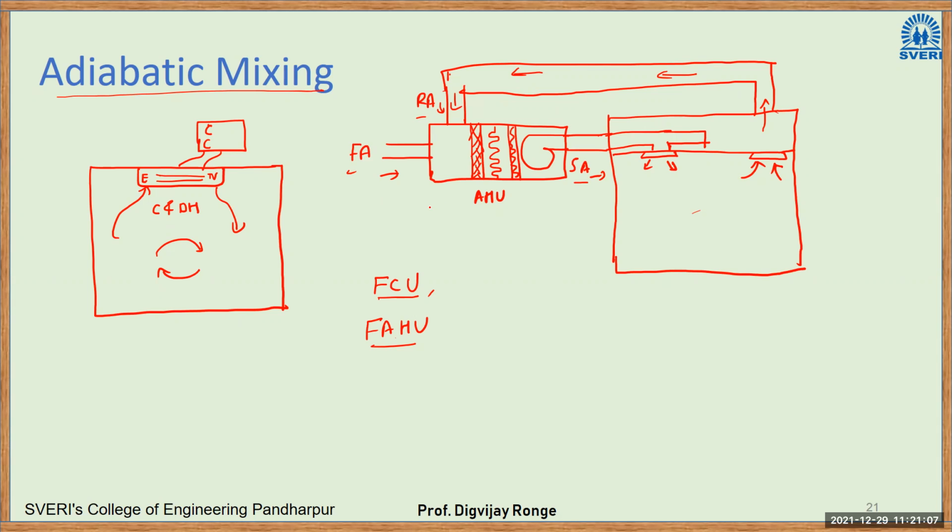This is what is there in the industry. In short, I will draw another diagram for the adiabatic mixing, which is in the textbooks. There is this stream which is coming, and this is another stream which is coming.